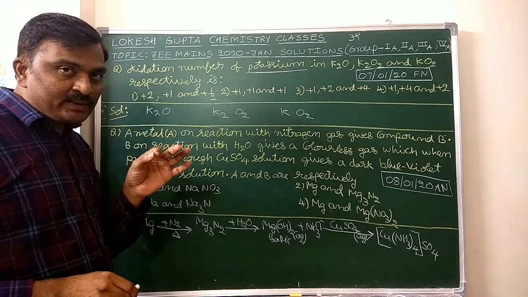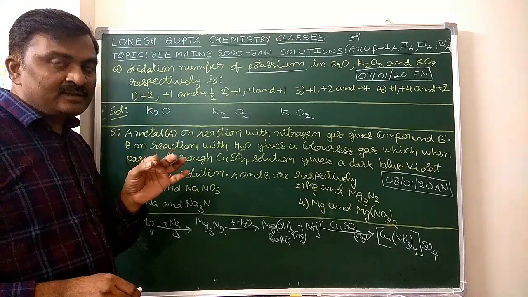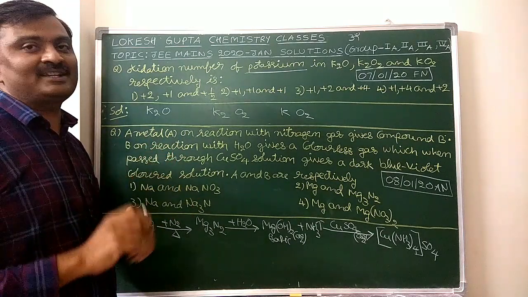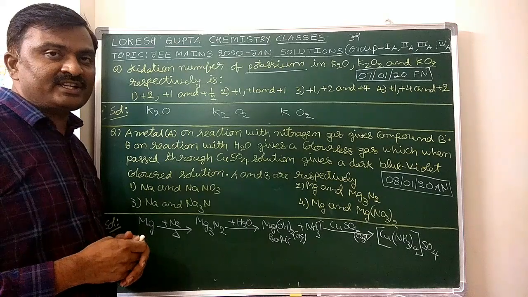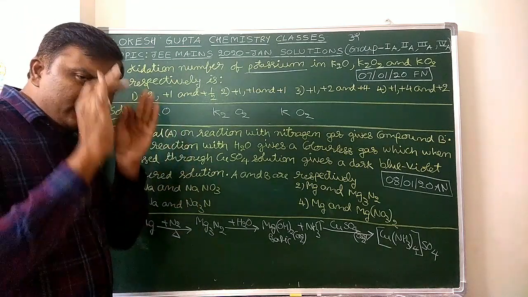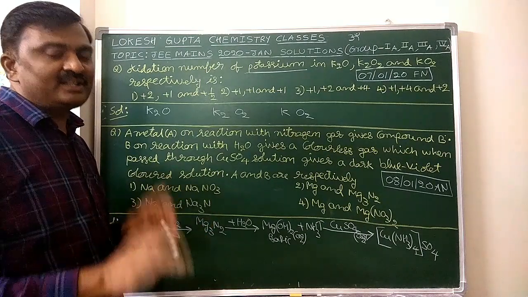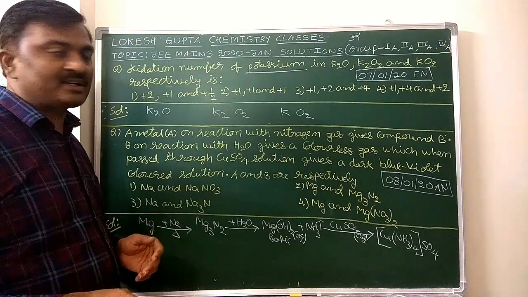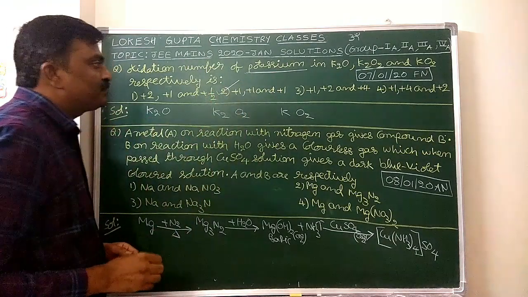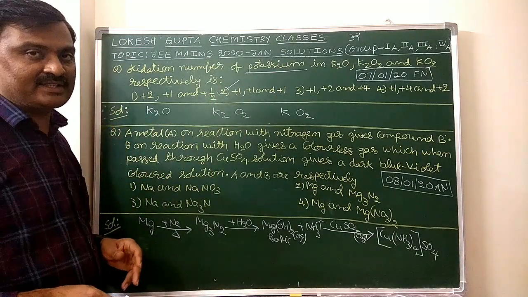See, 1A group elements exhibit +1 oxidation number in their compounds, not in the elementary state. In the elementary state, 0 only. So 1A group elements exhibit only +1 oxidation number in their compounds. So in all these, +1 oxidation number only. So the second option is the correct answer.